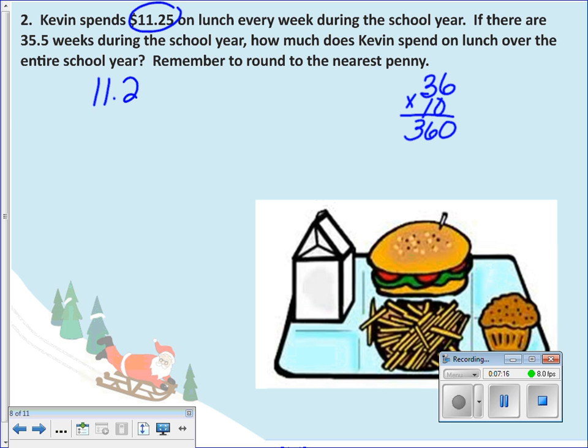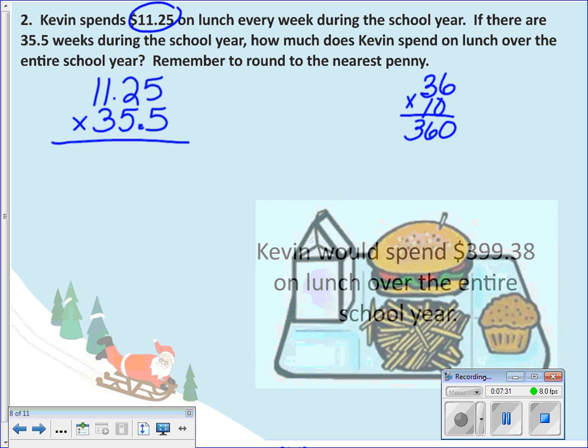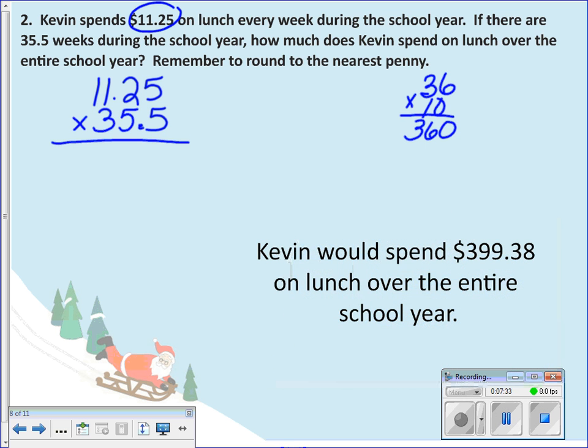I personally prefer to put the longer number on top because then that's less rows that I have to add together. But remember, the factors can go in either order because multiplication is commutative. So the price of his lunch is $399.38.